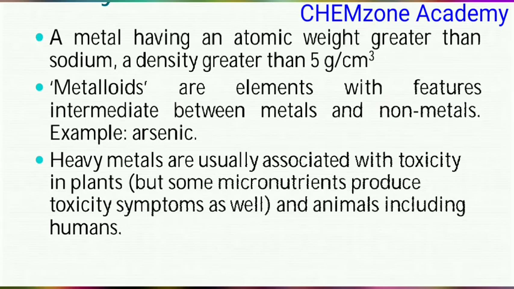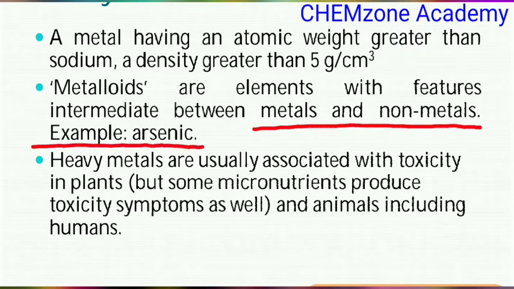Metalloids are elements whose features are intermediate between metals and non-metals, and an example is arsenic. Heavy metals are usually associated with toxicity, generally in plants, but some micronutrients also produce toxicity symptoms.